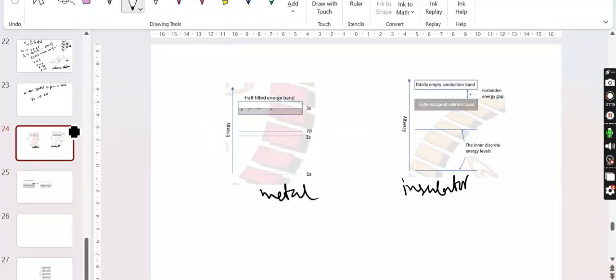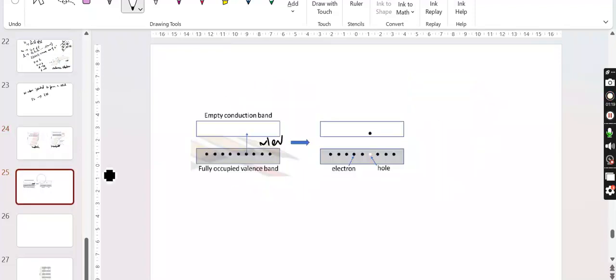For an insulator, that is many electron volts actually. At a higher temperature, some of the electrons go to the empty conduction band and start conducting. That creates a pair of carriers, that is electron and hole.